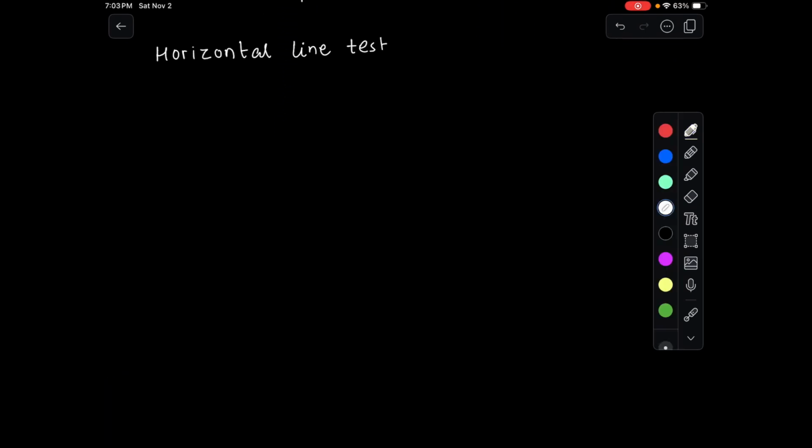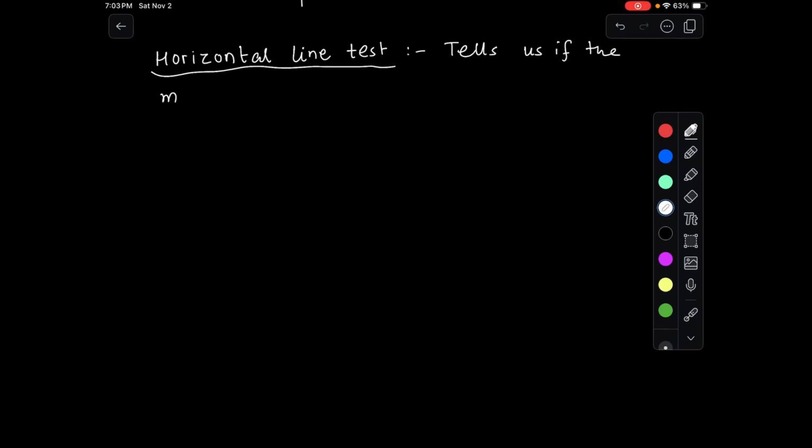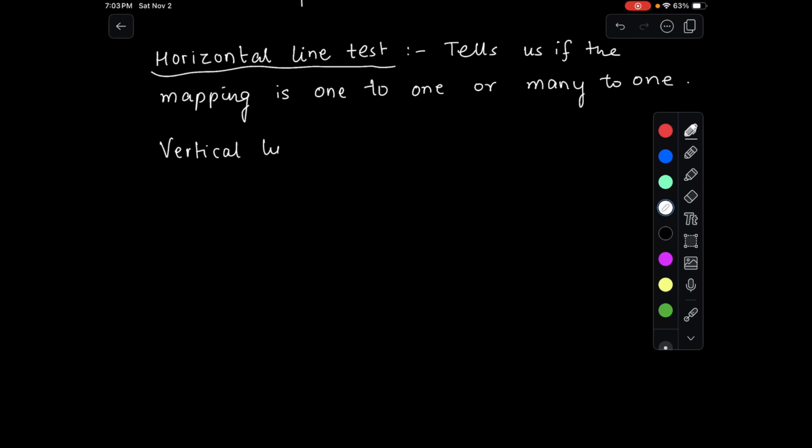The horizontal line test tells us if the mapping is one-to-one or many-to-one. And the vertical line test tells us if the mapping is a function.